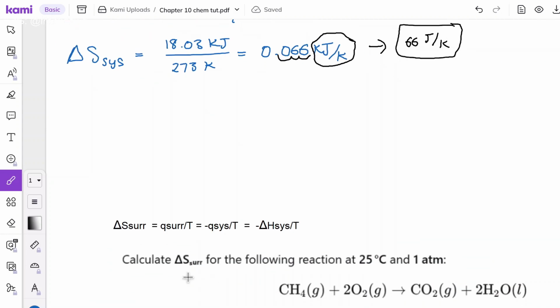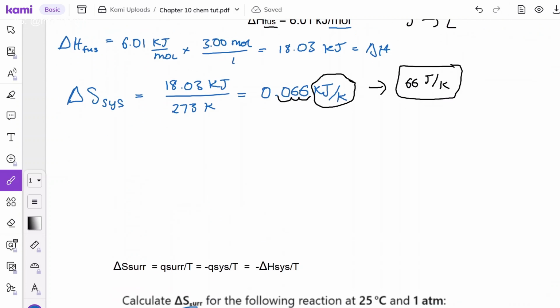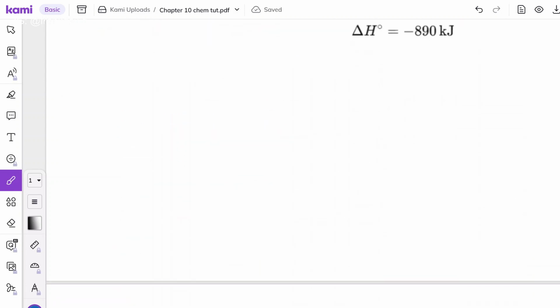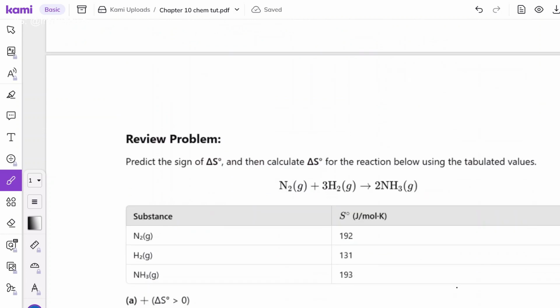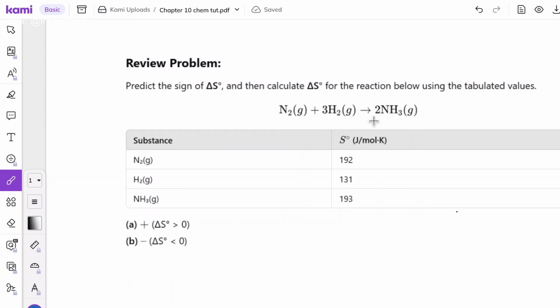We're going to skip this problem because it's basically the same thing as the one up here, but the reverse, with a different delta H value. And we come down here, and I'm doing this problem to show that just like enthalpy can be calculated using these tabulated values, the change in entropy can be calculated the same way.